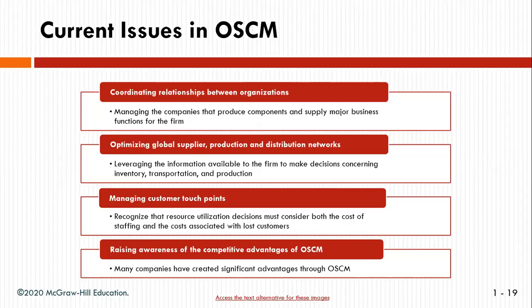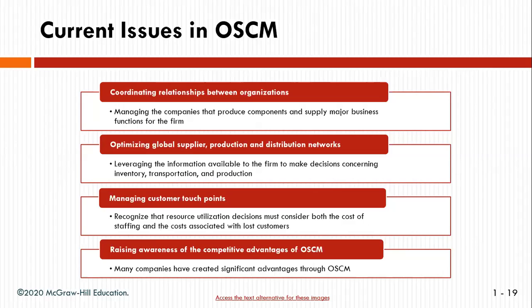The second thing is optimizing global suppliers, production and distribution network, mitigating the risk, getting the things on time, minimizing the cost. All these are part of optimizing the global suppliers, because now it's a global market and it's open.